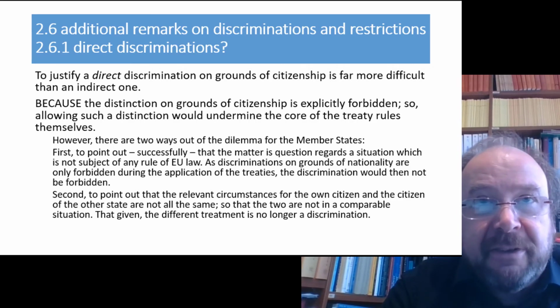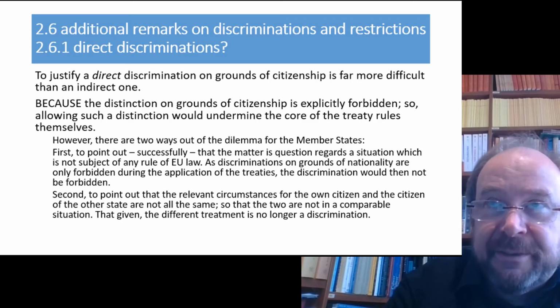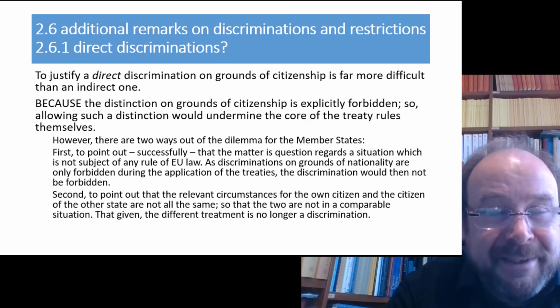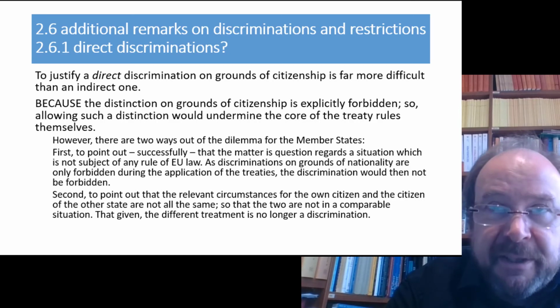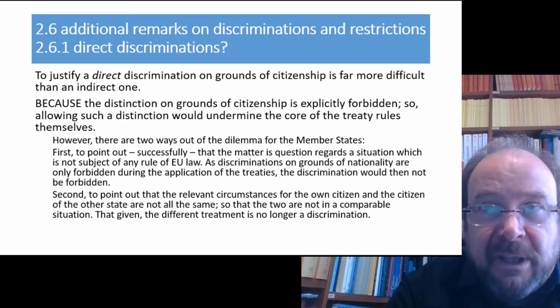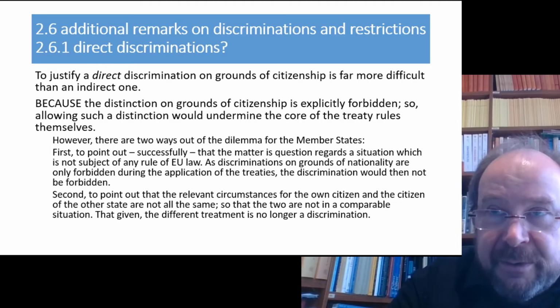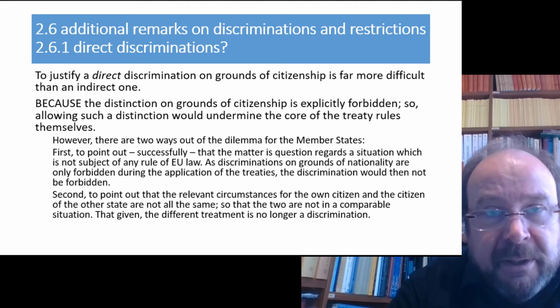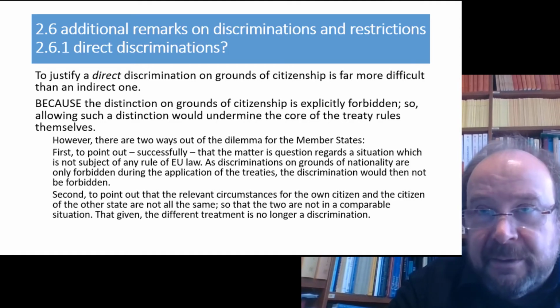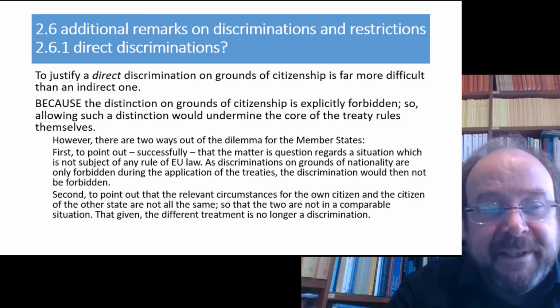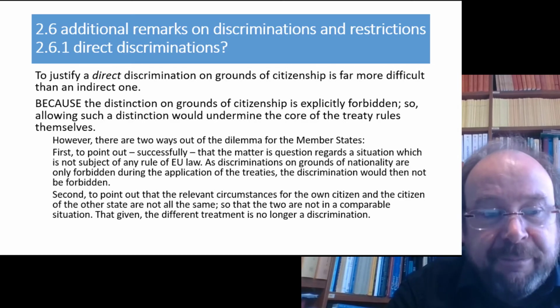So in a national general election, you still can restrict the voting right to your own citizens. You are not forced by EU law to grant the right to vote in a general election also to foreigners from the EU, because general national elections are nowhere covered by EU legislation, so you can do whatever you want.